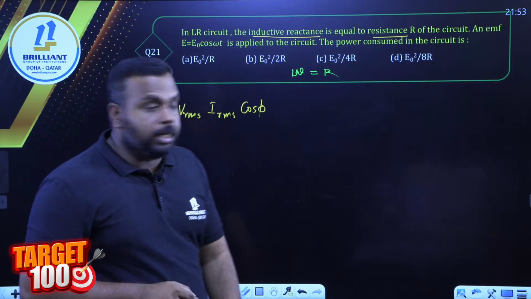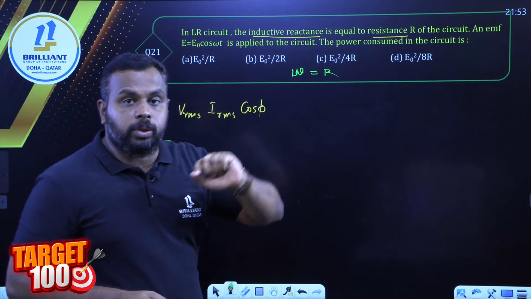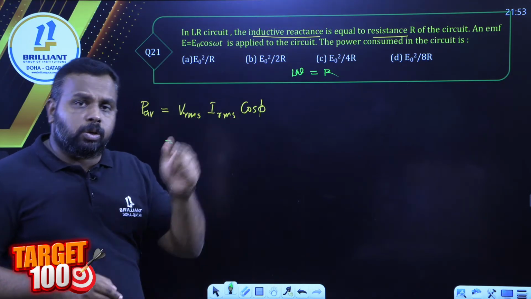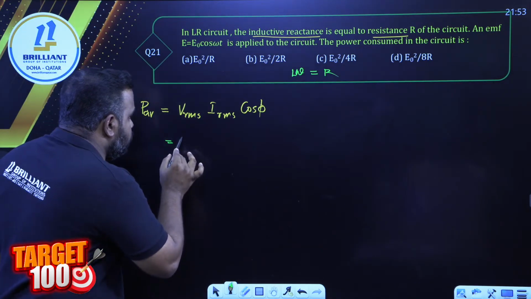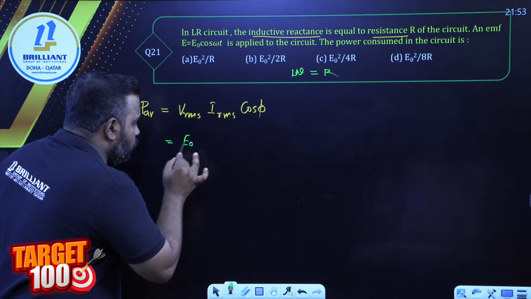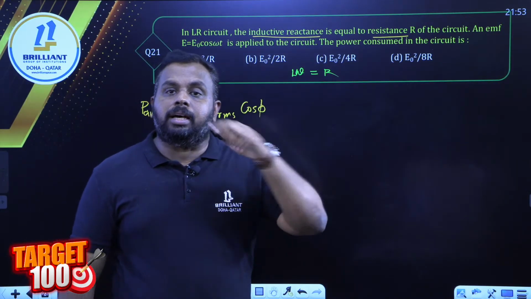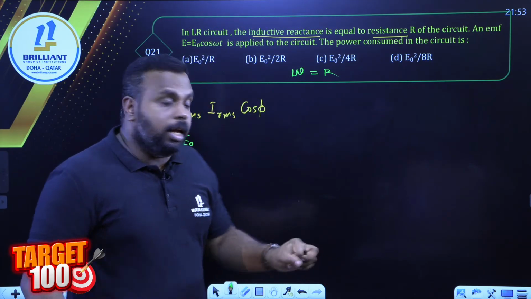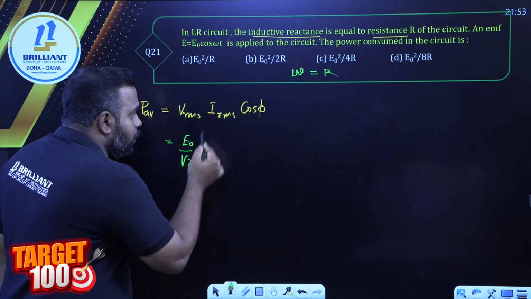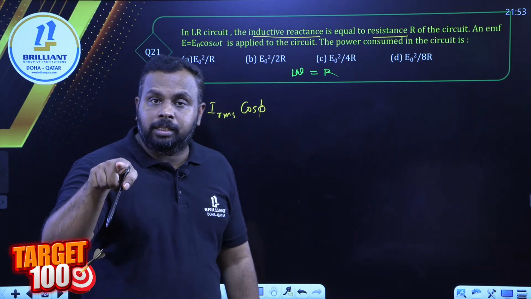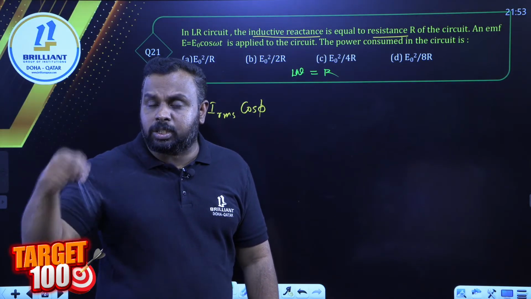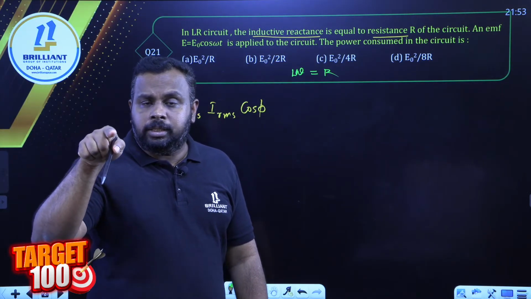V RMS. What is V RMS? Here it is given as E equal to E0 cos omega t. So V RMS is V0 by root 2, so of course we can write V RMS is E0 by root 2, into I RMS. What is I RMS? In an AC circuit, instead of R we have to say impedance.